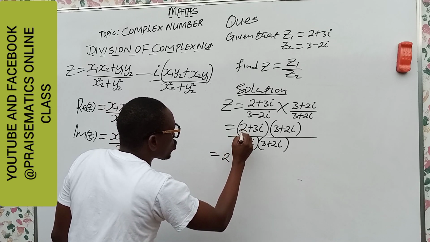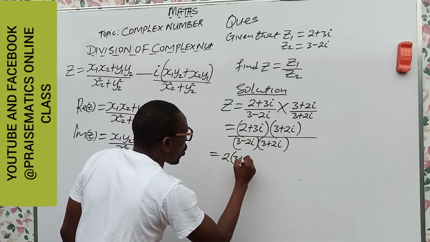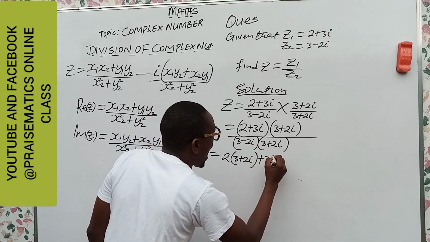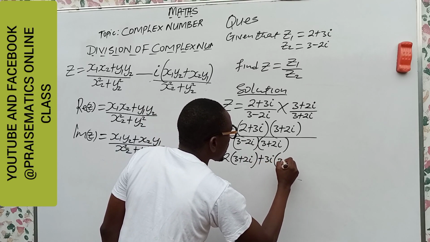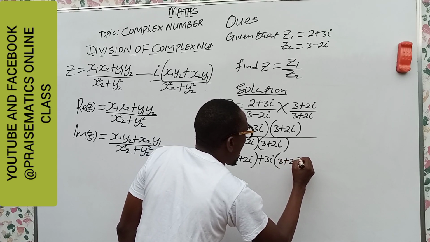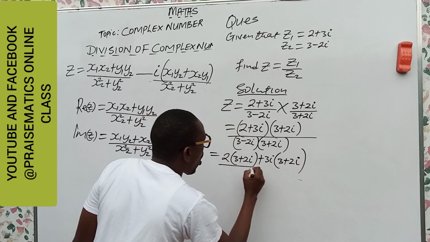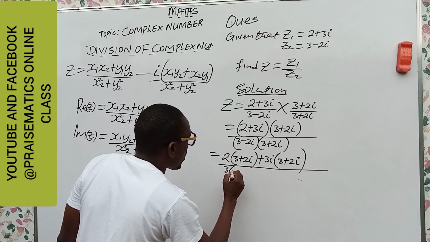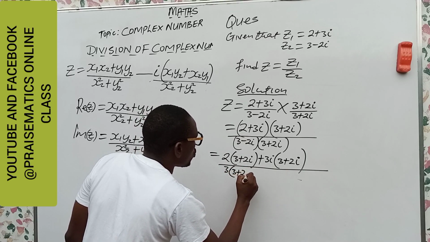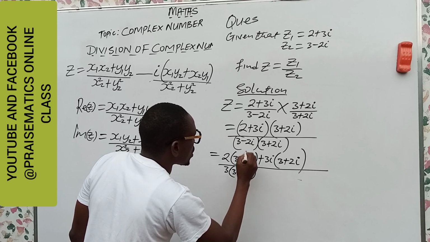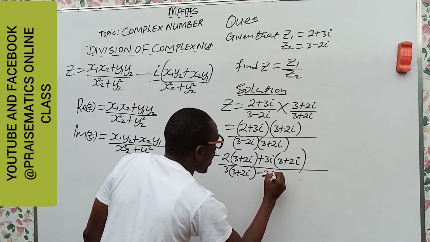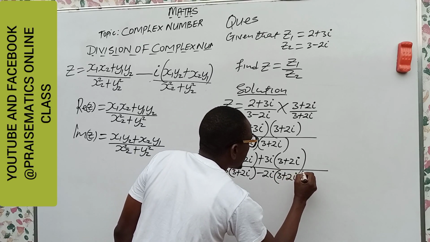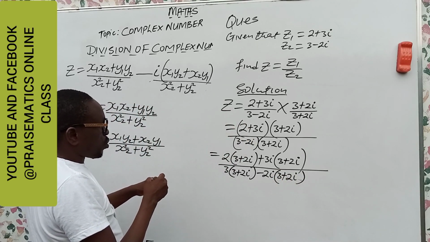Bring it down. 2 into 3 plus 2i, close it, plus 3i into 3 plus 2i, close it, all over 3 into 3 plus 2i, close it, minus 2i into 3 plus 2i. Close it. And how do we solve?